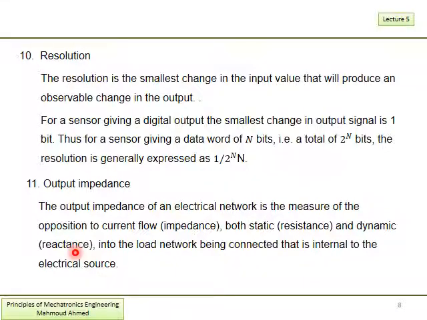So simply, it is how much your circuit or electrical network can oppose the current flow in it. In other words, this is how much impedance can resist your current flow.